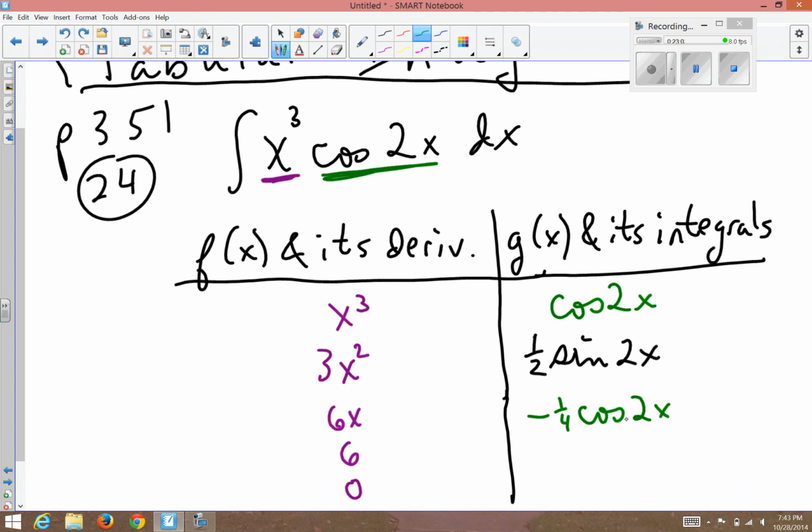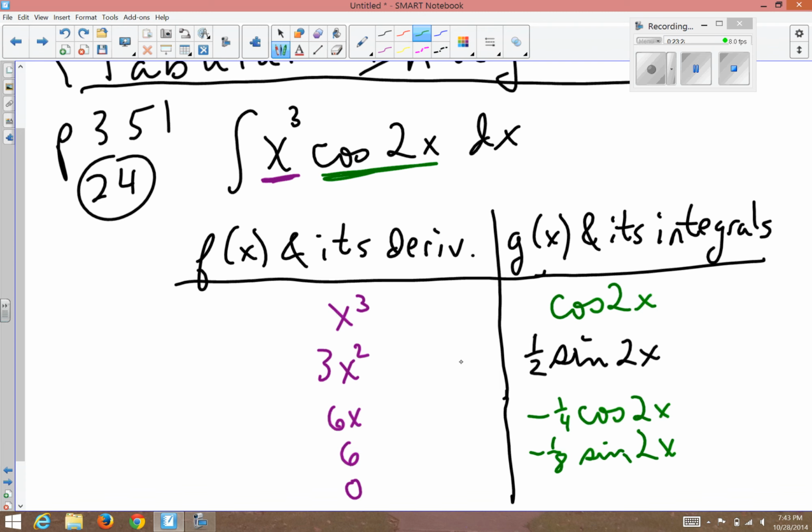The integral of cosine 2x, I'm ignoring the front number in front, is sine 2x times a half. But there's already a negative 1/4 there. I have a negative 1/8 in front now.